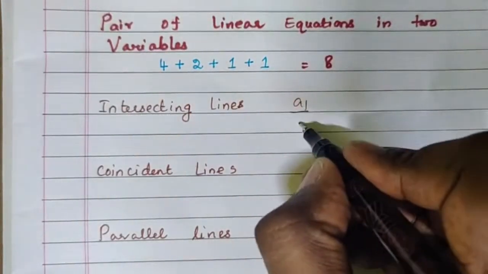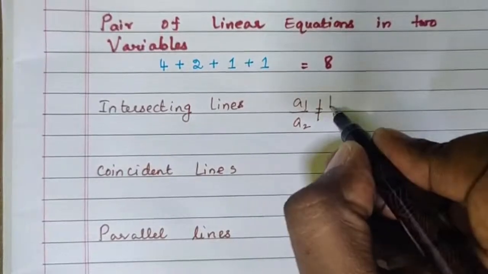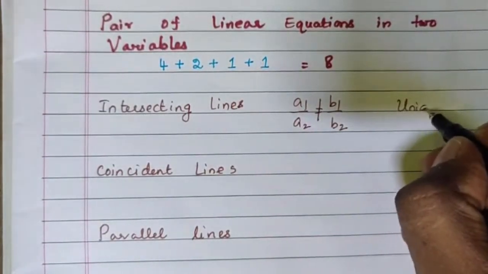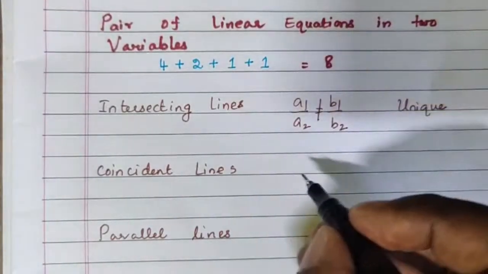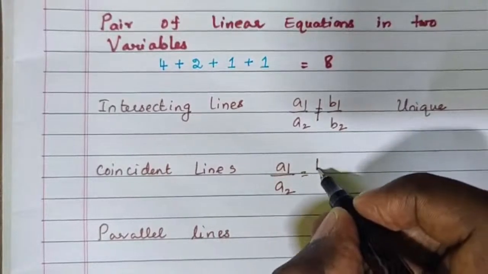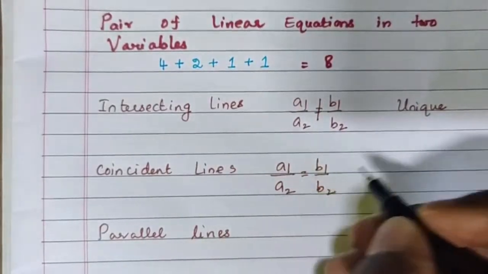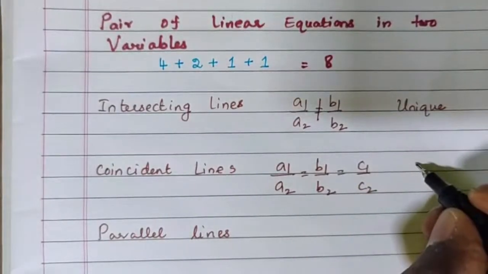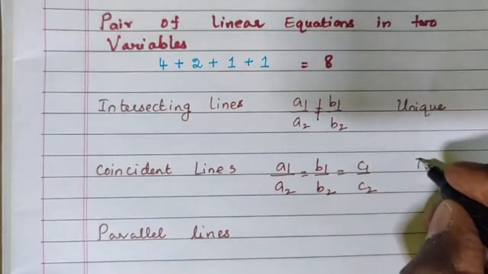The ratio A1 by A2 is not equal to B1 by B2. How many solutions will it have? It will have a unique solution, that is only one solution. Coincident lines, what is the condition? A1 by A2 is equal to B1 by B2 is equal to C1 by C2. How many solutions? Infinitely many solutions.